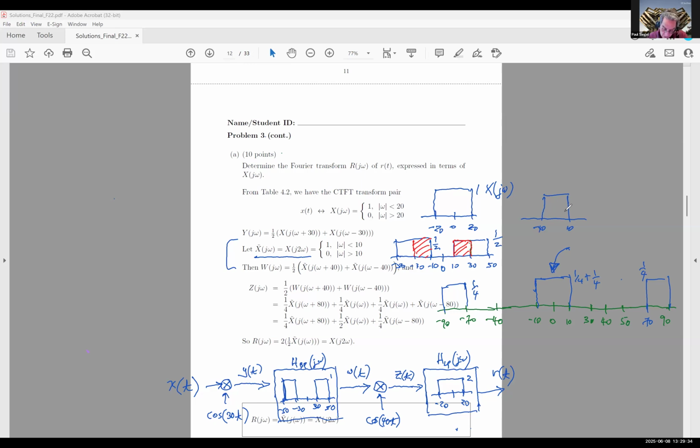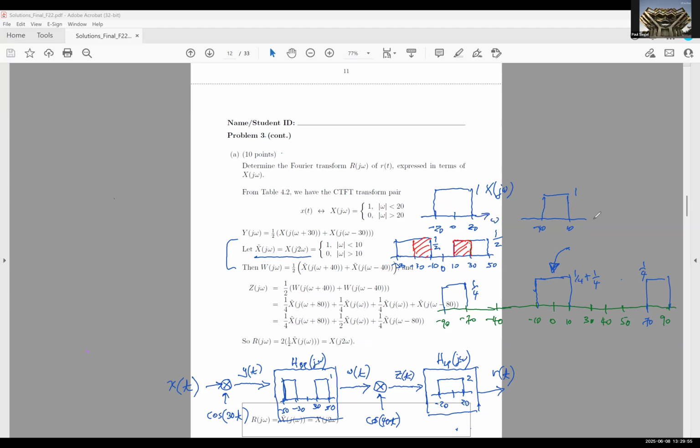Well, if I call that thing that has a 1 as the magnitude in that frequency range, basically what I've done is I've reduced the frequency axis, right?